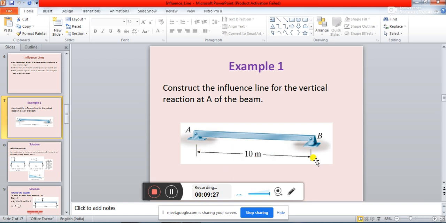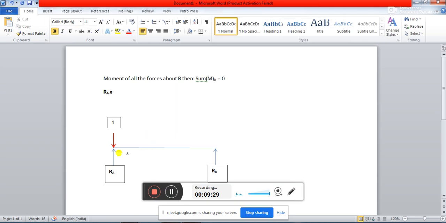So RA into 10, since I am taking moment about this point B. If this is your clockwise moment, then this force will create an anti-clockwise moment about B. So if one is positive, the other will be negative, so it will be minus 1 into 10, and it is going to be equal to 0.